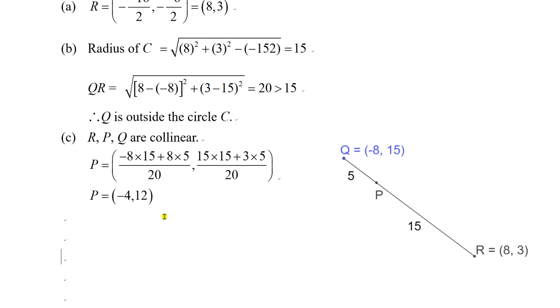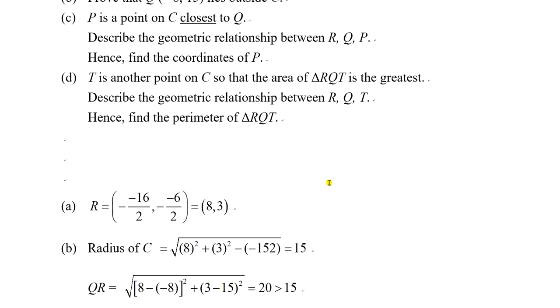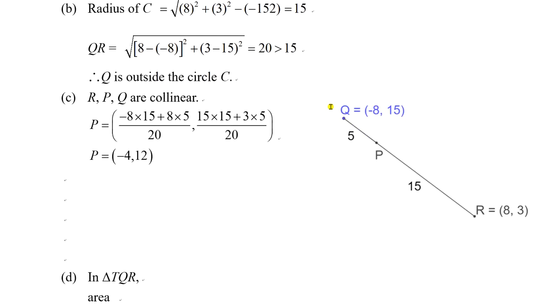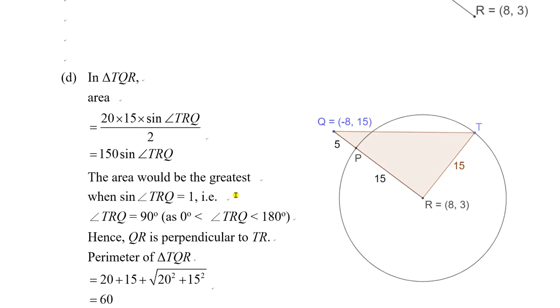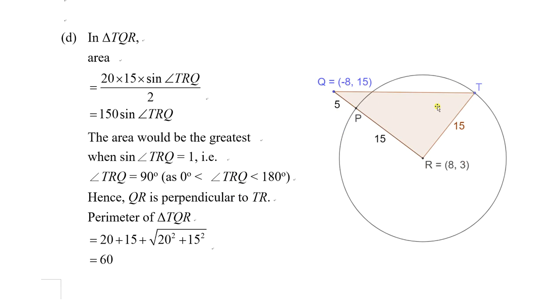There's another point T, so that the area of triangle RQT is the greatest. So look at here. Area of this triangle TQR, actually that is QR times TR times sine angle TRQ, and then over 2.